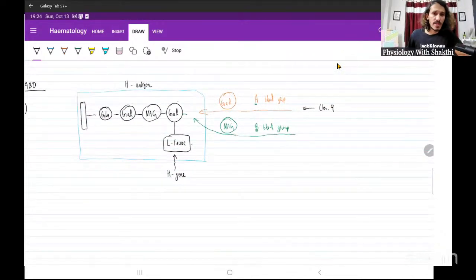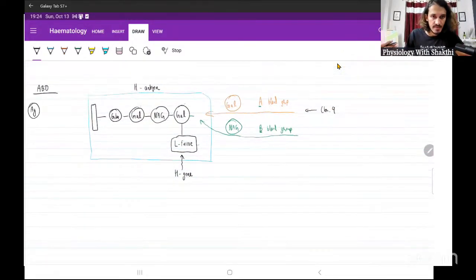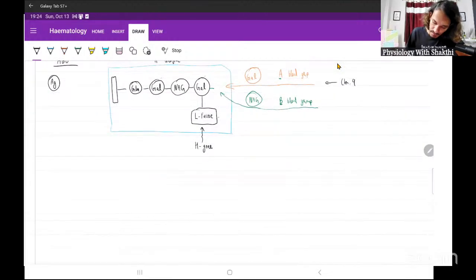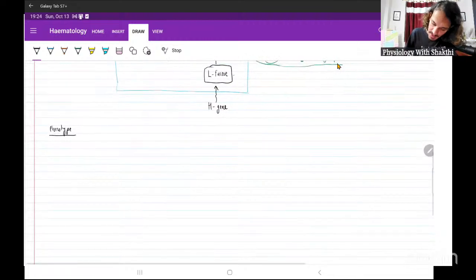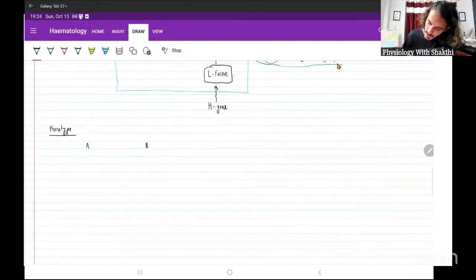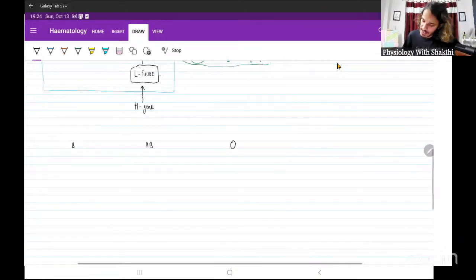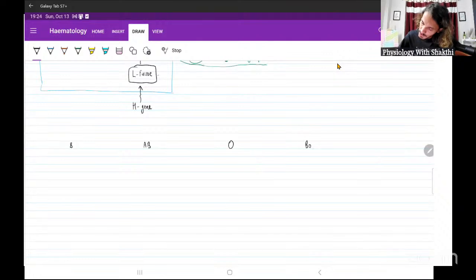Now, in various combinations, this can exist in different ways. So that is how phenotypically it can be expressed as A blood group, B blood group, AB blood group, or O blood group. And I'll just put one more thing here called Bombay.